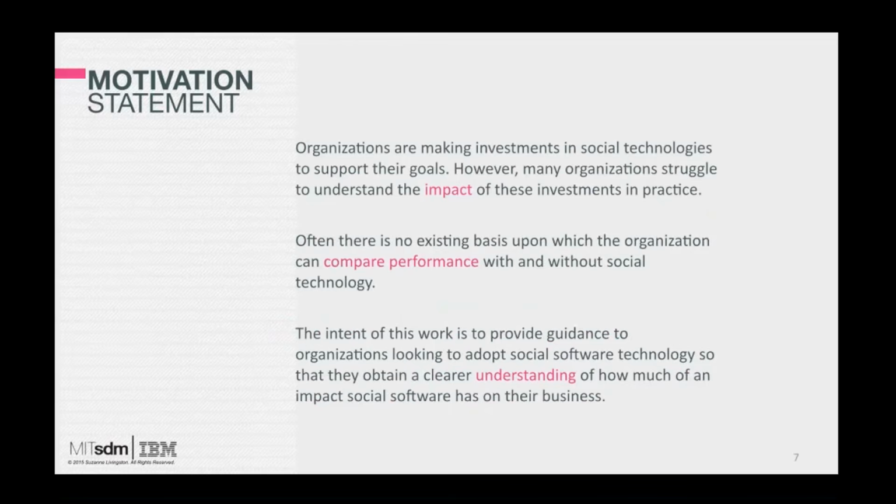They see that there is benefit, they may see case studies from other companies and want to have those benefits themselves, but they often don't have a clear understanding of how much of an impact social technology has actually had on their business. And so I believe that there are strategies that companies can employ to help improve social software adoption and also help understand what the benefit of using these tools are within their organization.